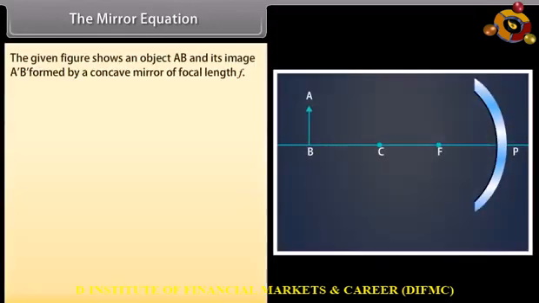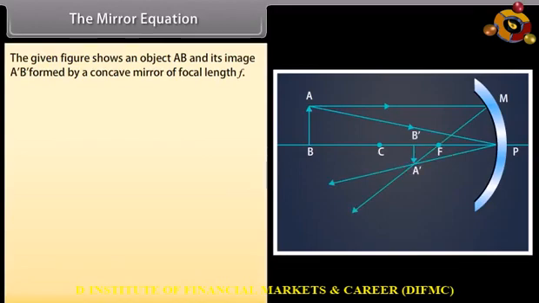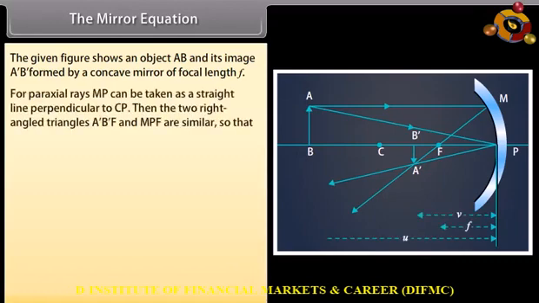The mirror equation. The given figure shows an object AB and its image A'B' formed by a concave mirror of focal length f. For paraxial rays, MP can be taken as a straight line perpendicular to CP.